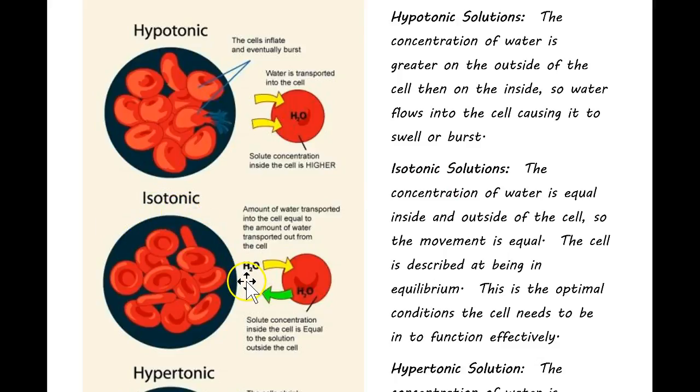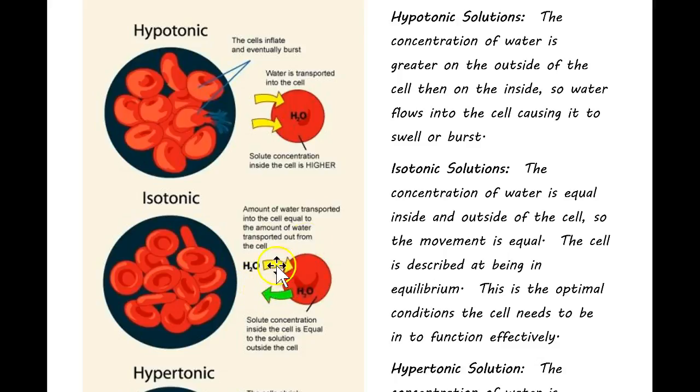Now an isotonic solution, iso means the same. So that means you have an equal amount of water in the cell as you do outside of the cell. So it's equal on both sides. That means that there's not going to be any overall net movement, where you're not going to see a big change because the flow is going to be equal. You're going to get the same amount coming in as going out.